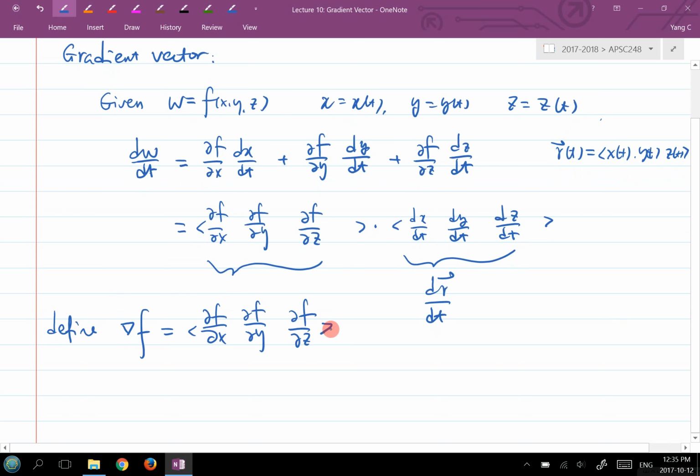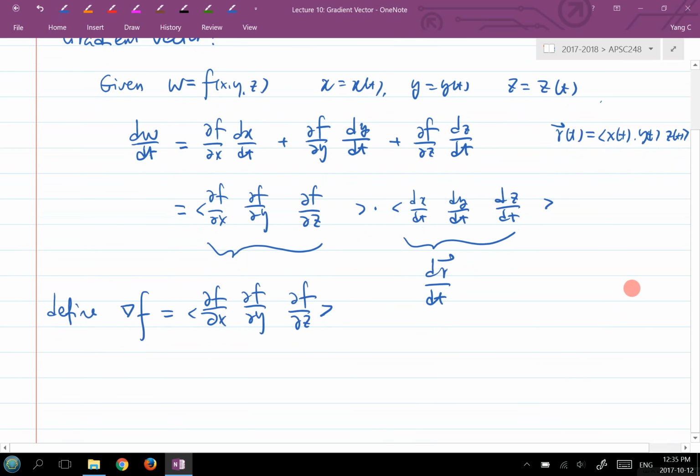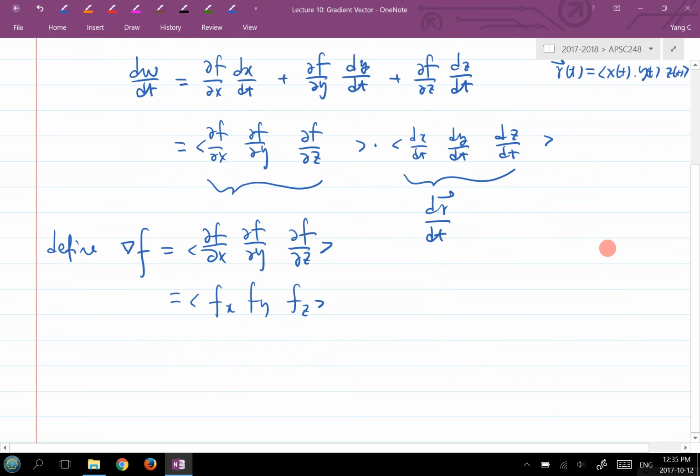Sometimes we use a short notation, so we can write it like this. This is essentially what we call the gradient vector.